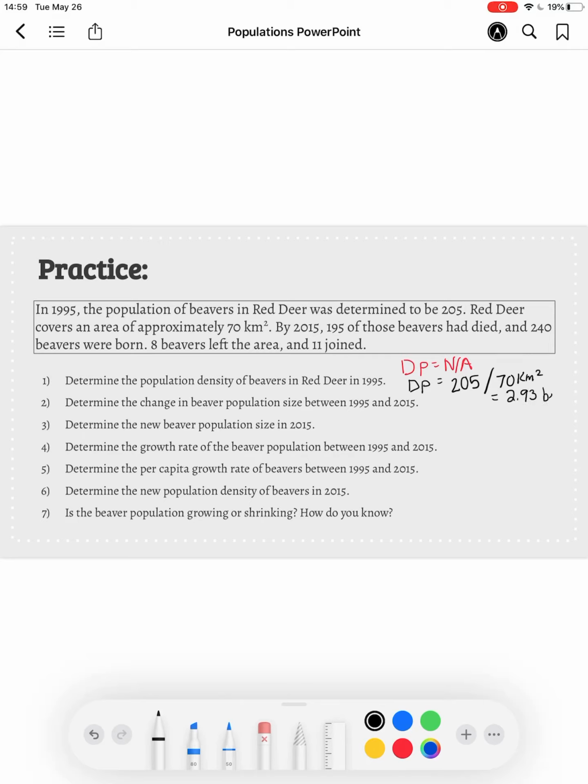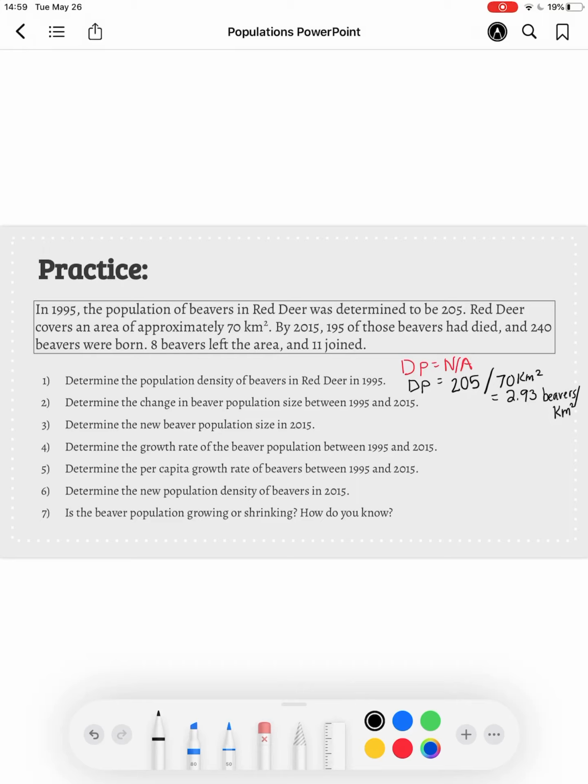And this is beavers per kilometer squared. If this was real data, I'm not sure if it is, but they're saying that about every kilometer squared in Red Deer, there are 3 beavers. So that is the density.